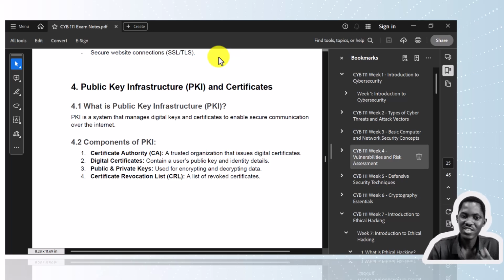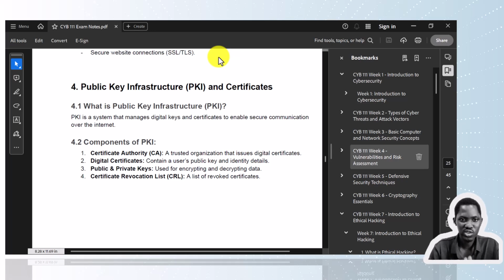Now, digital certificates itself. What are digital certificates? You know public and private keys already, but what are digital certificates? Digital certificates are what contain a user's public key and identity details. So that's just a certificate, a digital certificate when it comes to cryptography and public key infrastructure.